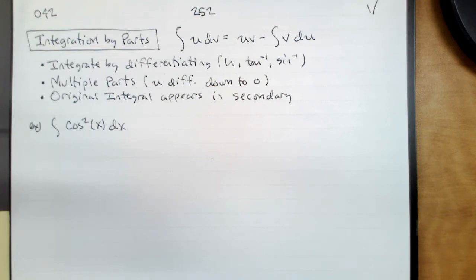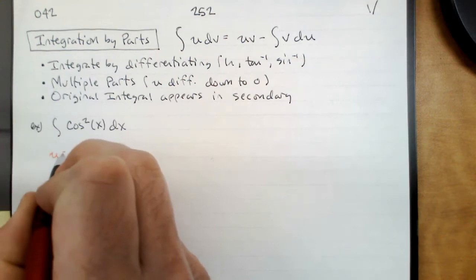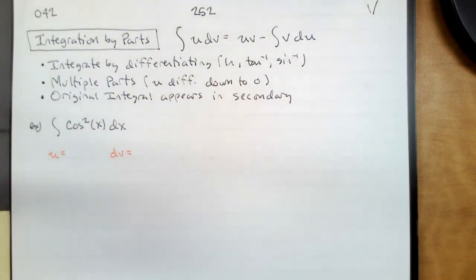So step 0, not substitution. Step 1, assign parts. Now, there's a lot of ways that we can do this. I've got 2 factors of cosine. Let's see, which one is the most wrong?